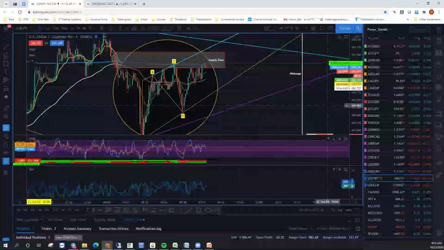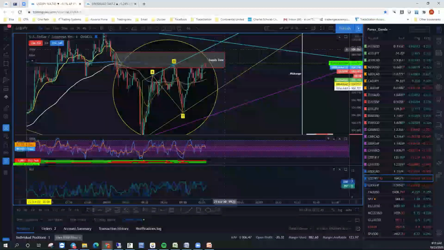And so really right now, there's no reason to be jumping in and out. What you're doing is just taking the trade. You're still inside the zone, inside the wedges.